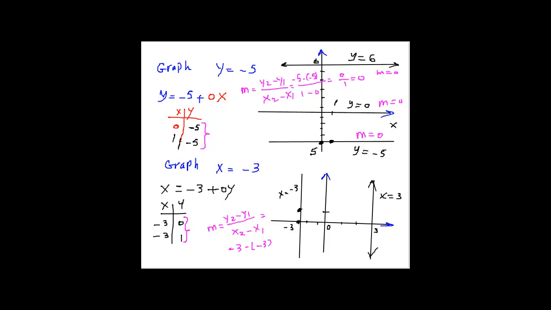So you would get something like 1 over 0. What is 1 over 0 equal to? Undefined. So the slope of a vertical line would be undefined. Very good. So the slope of vertical lines will all be undefined. The slope of a horizontal line would be equal to 0.